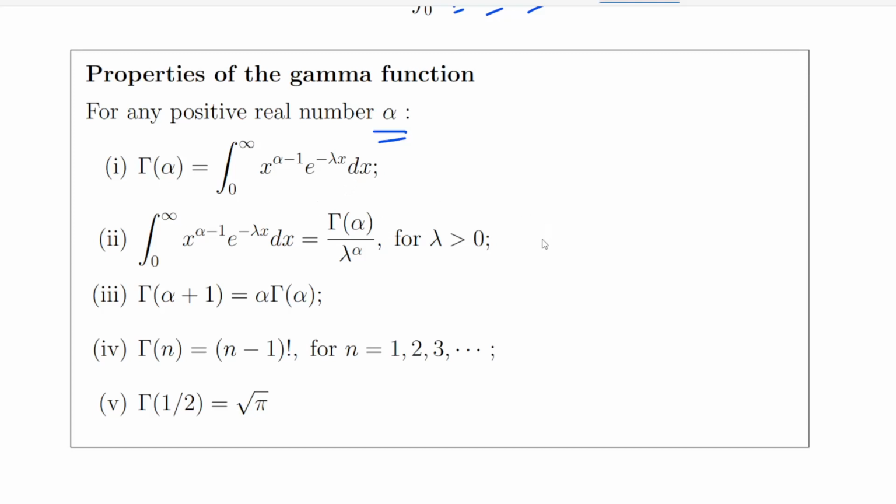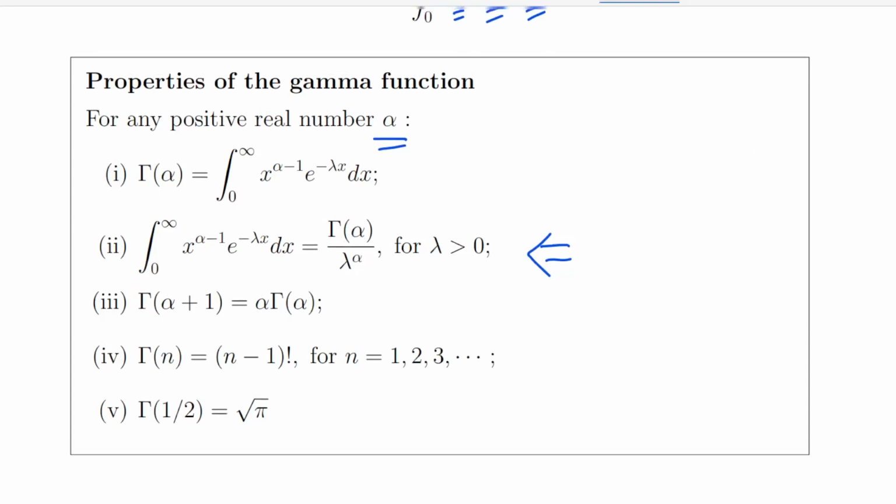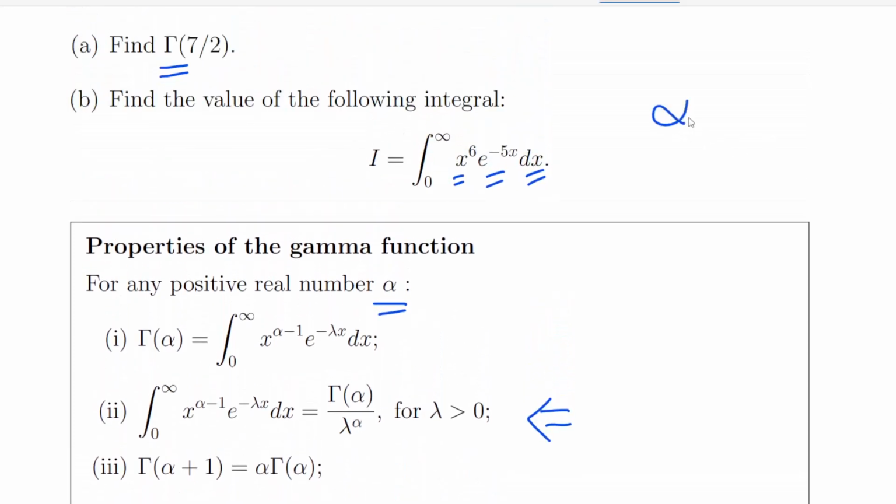Our second question is written in this format: the integral from 0 to infinity of x to the power of alpha minus 1 times e to the minus lambda x dx can be written as the gamma function of alpha divided by lambda to the power of alpha. As a quick remark, alpha minus 1 is 6, so alpha is 7, and clearly lambda is 5 here.